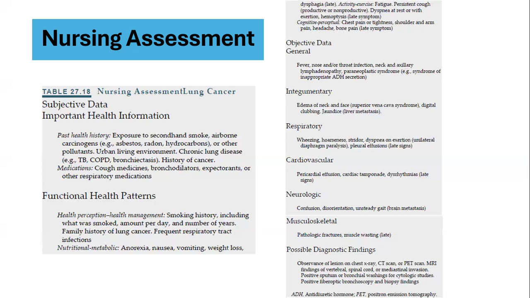The important thing while you are gathering this data is to look into your patient's condition and adjust with the focused assessment that you need to do, especially on respiratory assessment.